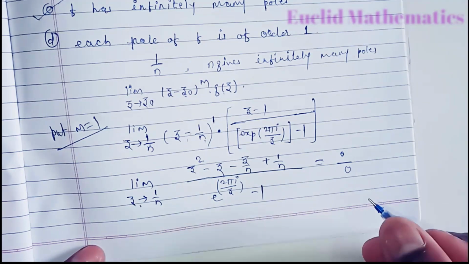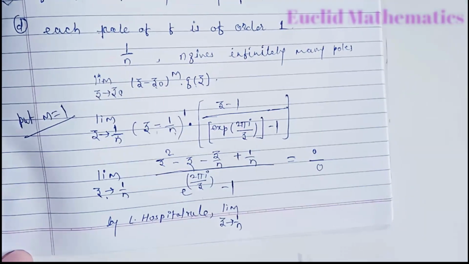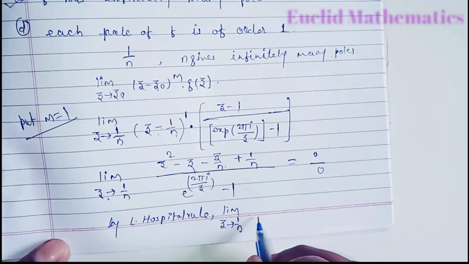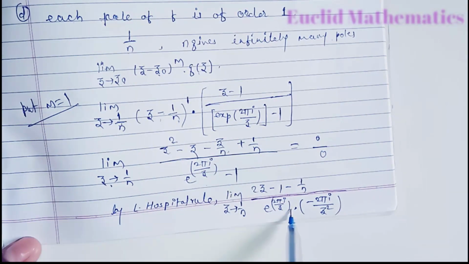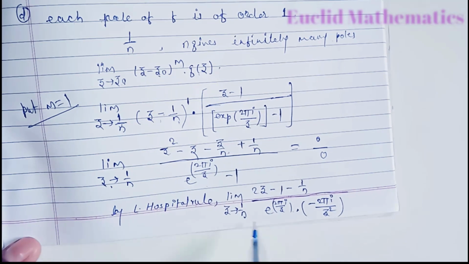We know that when the form is 0 by 0, we apply L'Hospital rule. So by L'Hospital rule, the limit as z tends to 1 by n of the differentiation of the numerator divided by the differentiation of the denominator. Now substitute directly z tends to 1 by n.